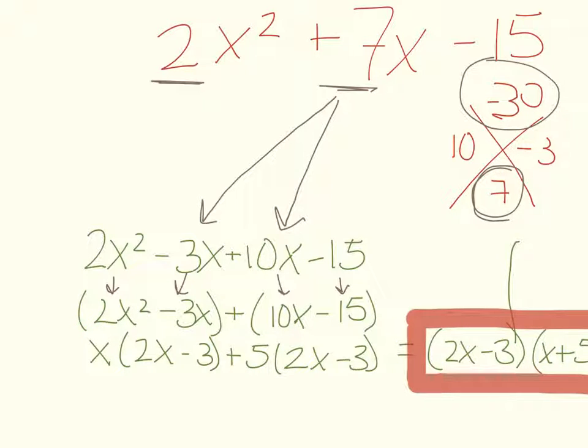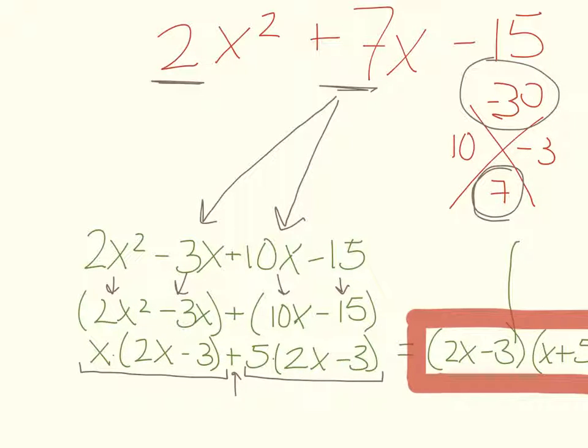3. From there, you're left with a 2-termed polynomial. And maybe it's a little bit challenging to see that this is actually 2 terms, so let me show you where the 2 terms are. You can see they're separated by this addition sign right here. And that's okay that there's addition and subtraction going on inside of these 2 groups of 2x minus 3 and the 2x minus 3, because really what's going on in between that x and that quantity is multiplication. And so that's why there's still just 2 terms.